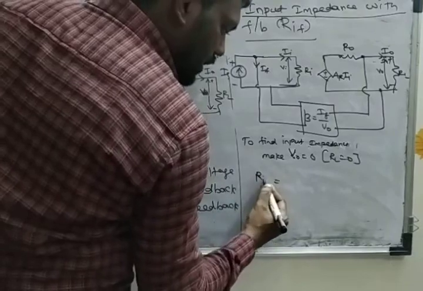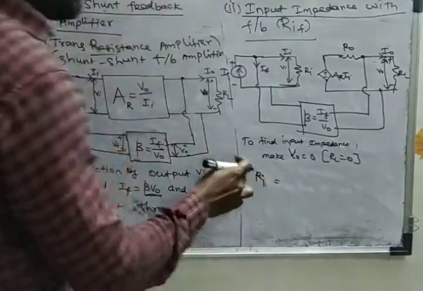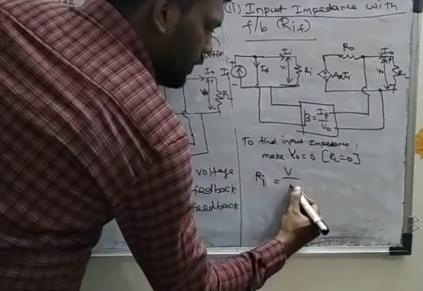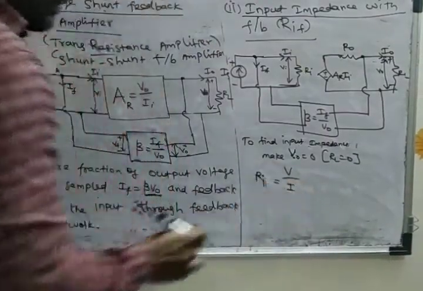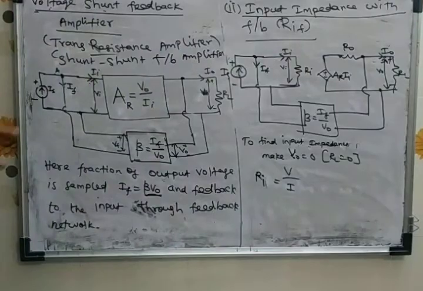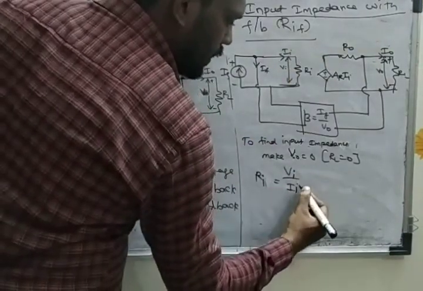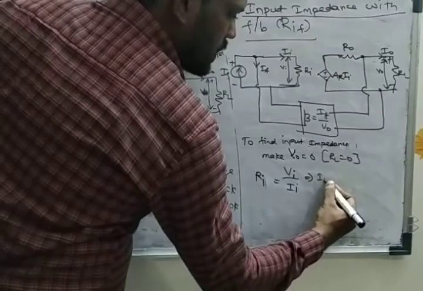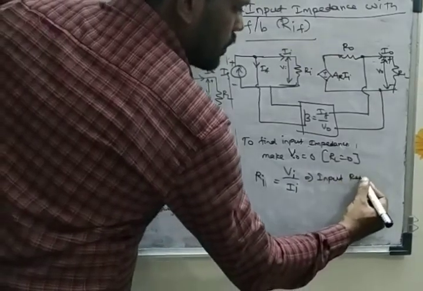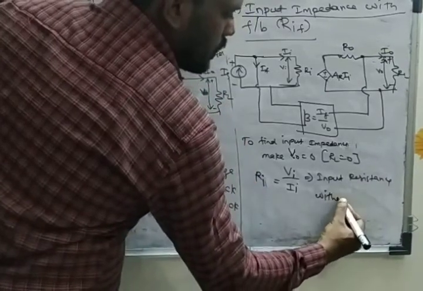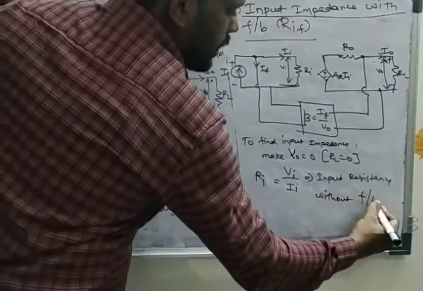Initially I am assuming Ri, the input impedance of the amplifier, is V by I, here VA by IA. So this is the input resistance without feedback.